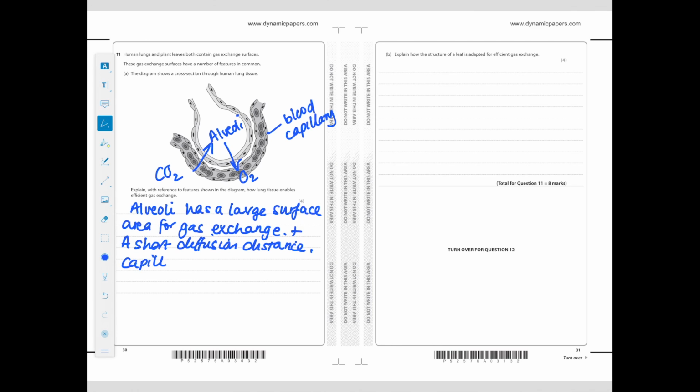Similarly, the blood capillary wall is thin. And lastly, which you really can't see from the diagram, but it is a point to learn and it is a mark on the mark scheme, is that it's a moist environment to help gases dissolve.